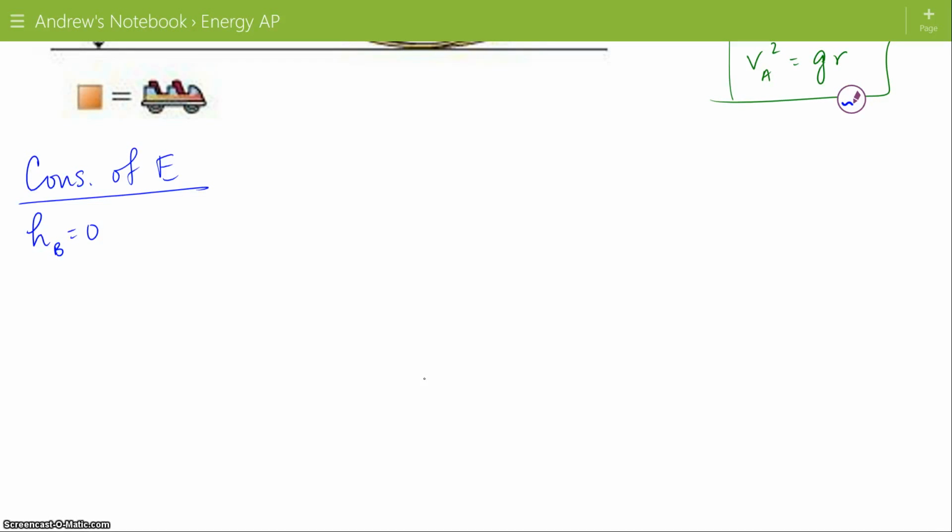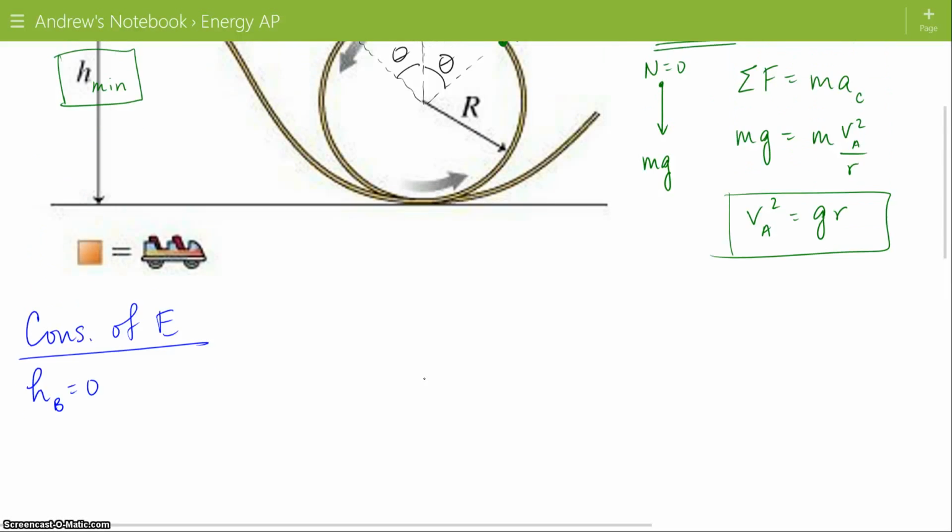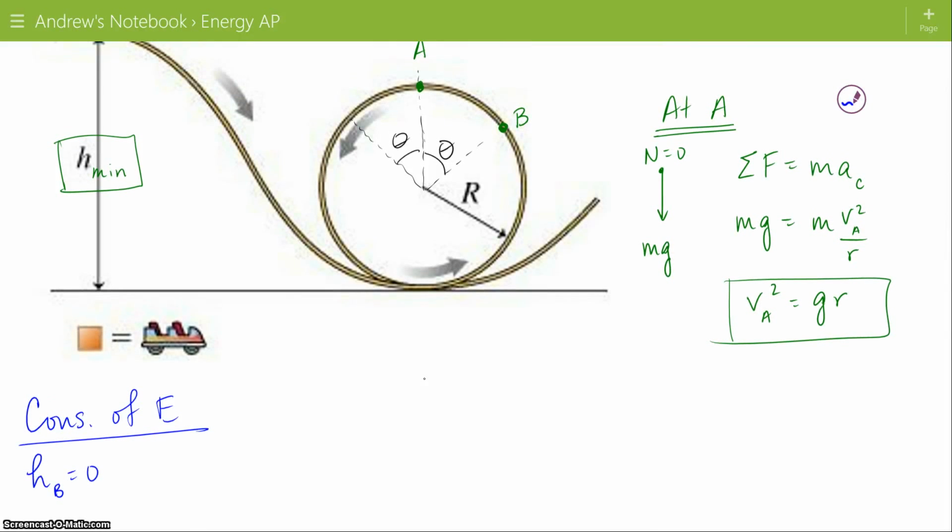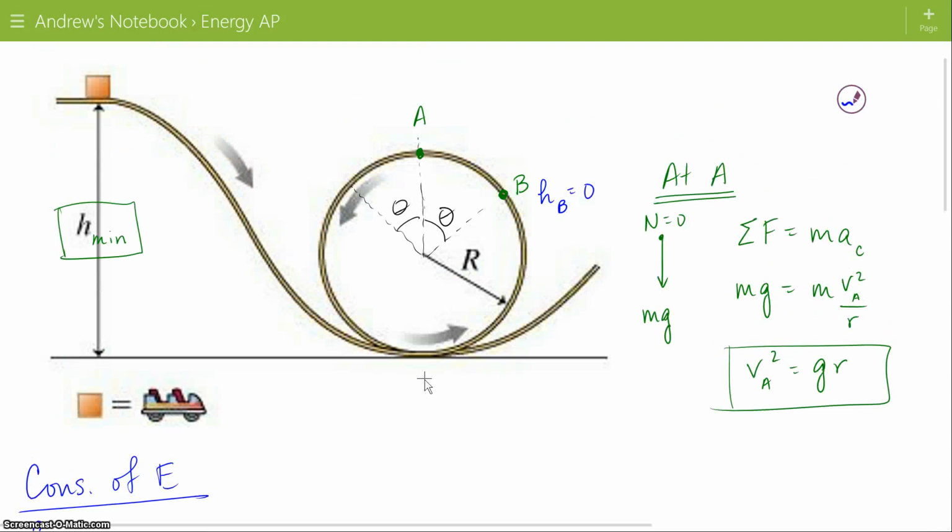In fact, that might be a little more obvious to people, but because I'm going to give you a different problem to do later on, I'm not going to do that. So I'm going to call this height right here 0. Okay, I'm going to go ahead and make a dotted line all the way across there. Again, we're pretending that the track above that blue dotted line is gone, and we need to find what that angle theta is.